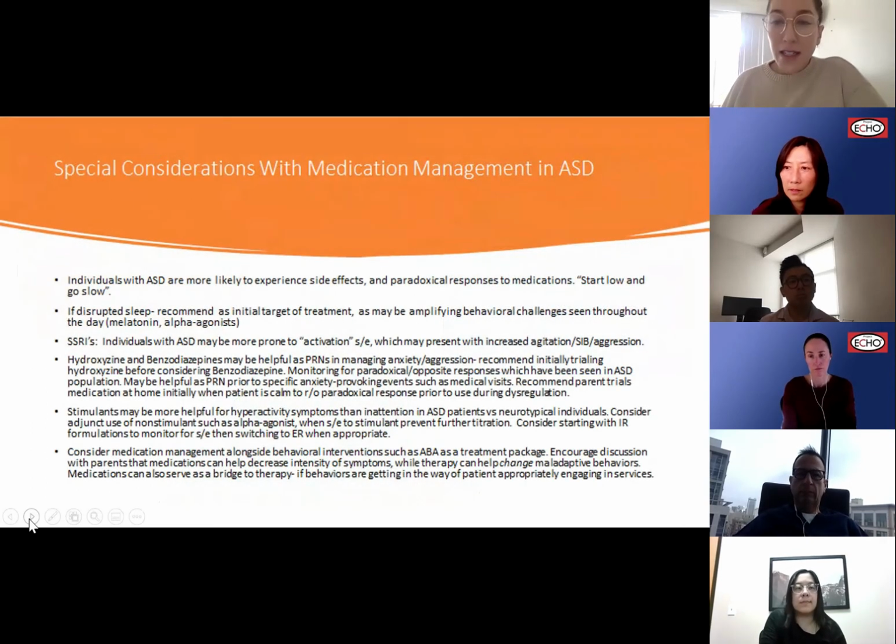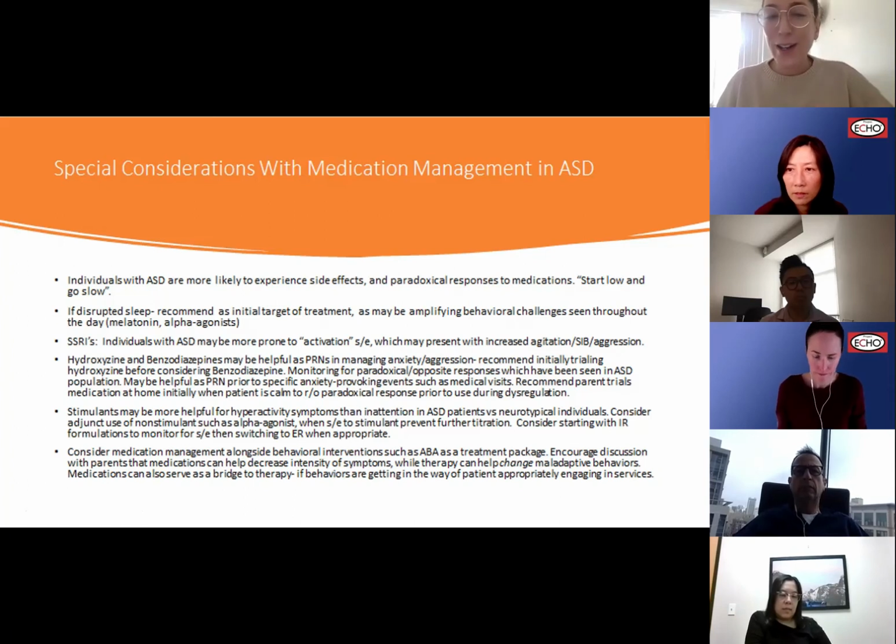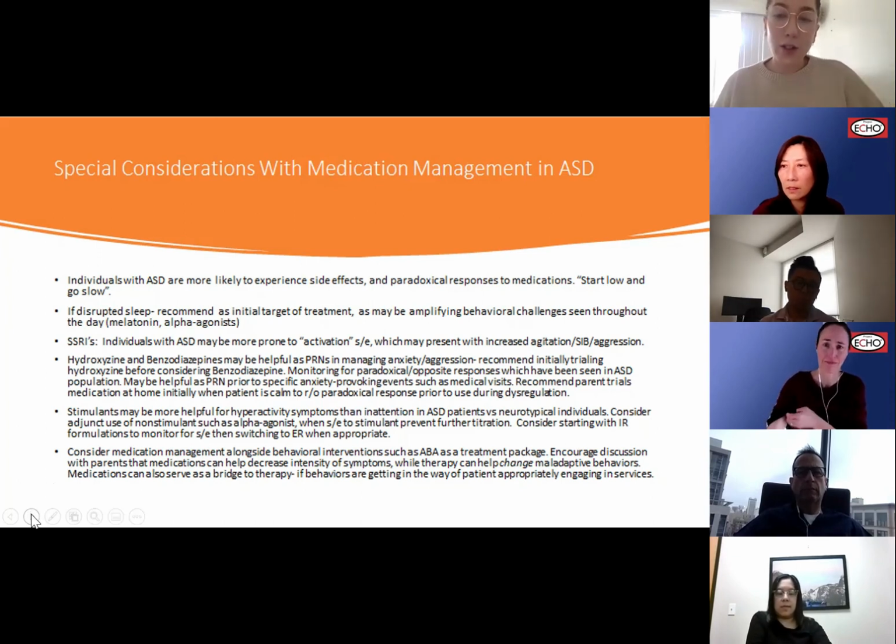So just some things to consider when using medications with our patients. My main motto for our patients is to start low and go slow, because unfortunately they are often more sensitive to medications and experiencing side effects, including sometimes having these paradoxical or opposite reactions to a lot of our medications.